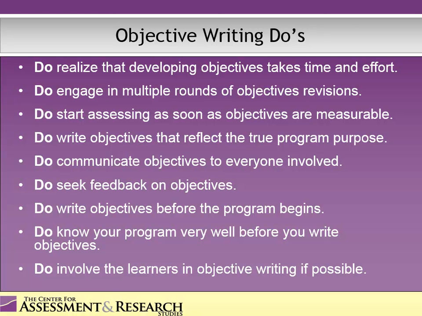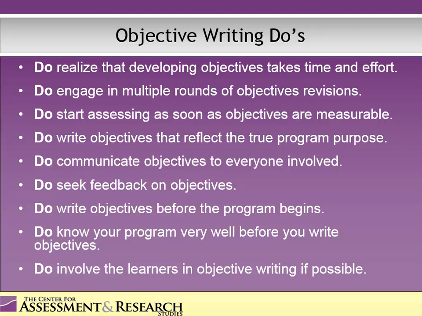There are several general recommendations that might be useful when establishing program objectives. Objective writing do's are presented on this slide, and objective writing don'ts will be covered next. When creating program objectives, do realize that developing objectives takes time and effort. Do engage in multiple rounds of objective revisions.